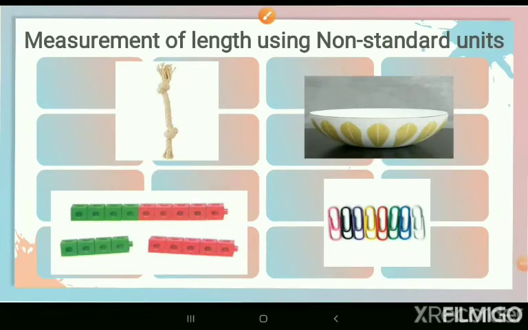There are many other non-standard units which you can use for measuring length. Some examples are given on your screen, like a piece of rope, a bowl, blocks, paper clips, and anything around you. You can make it a unit and use it to measure length.